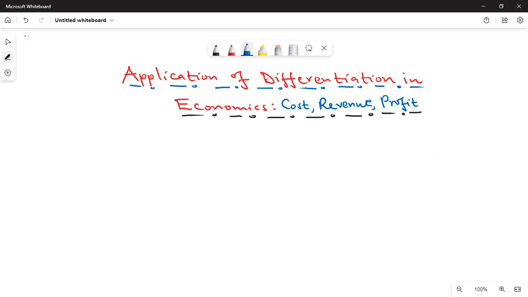So we define a cost function, or simply the total cost. Remember, total cost is equal to, let me write it.